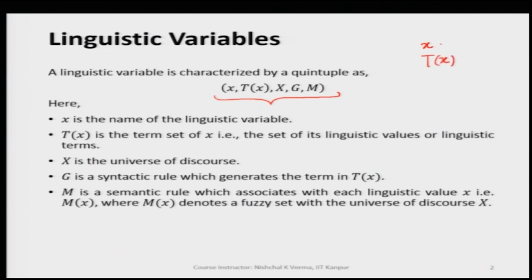So, x is the generic variable and T(x) here is the term set, capital X is the universe of discourse, G here is the syntactic rule which generates the term set T(x), and we have M, which is nothing but the semantic rule which associates with each linguistic value.